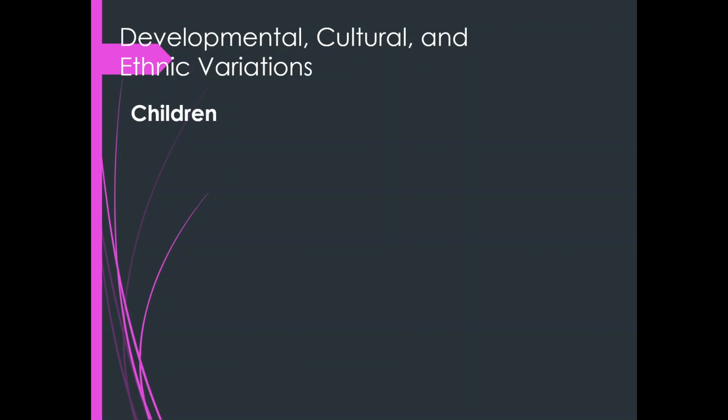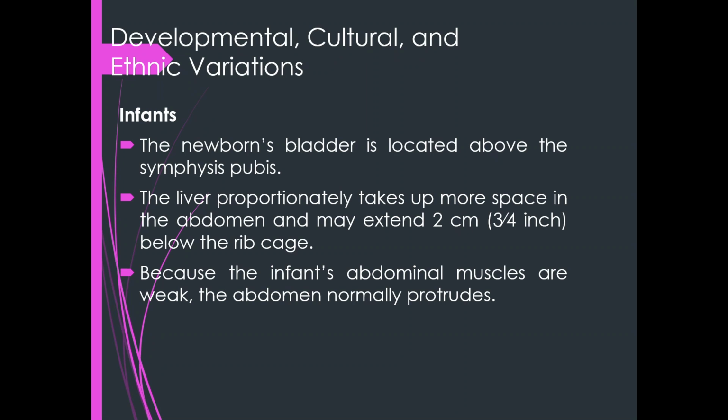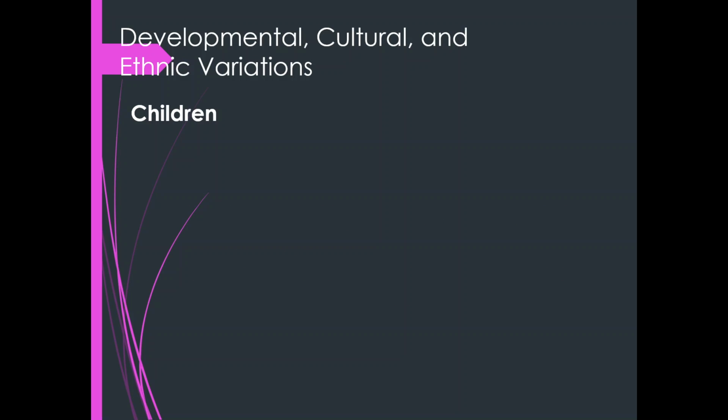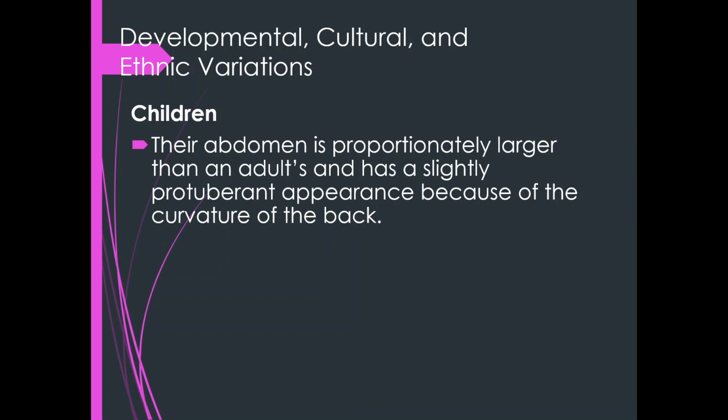By the way, when you say infants, that is 0 to 12 months. Now, children up to 12 years old. This includes your toddlers, preschoolers, and the rest up to 12. Their abdomen is proportionately larger than an adult's and has a slightly protuberant appearance because of the curvature of the back.